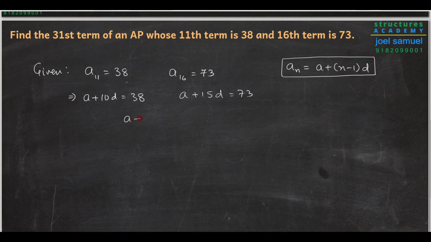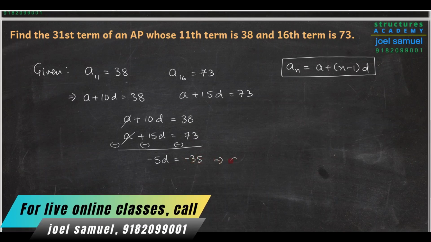So we'll take A plus 10D is equal to 38 and A plus 15D is equal to 73. I'm going to subtract these two. These two terms get cancelled. Negative 15 plus 10 would give me minus 5D, and 73 minus 38 would give me minus 35, which would imply D is equal to 7.